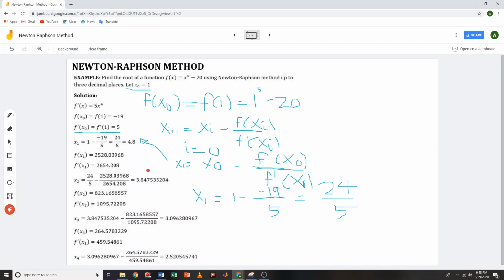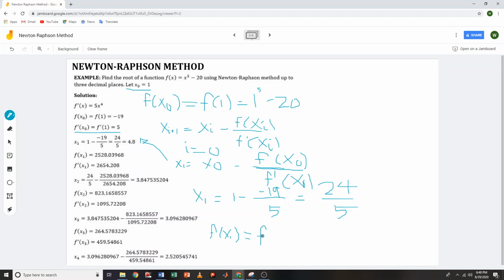So we will continue. We have to evaluate f of x1. You substitute this value: f of x1, in decimal notation, is 4.8.